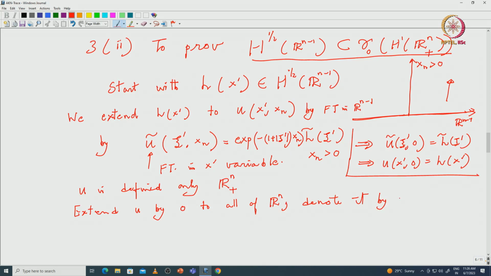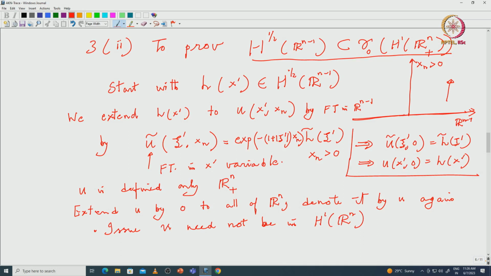The issue is that u need not be in H^1 of R^n, because we do not know the boundary values of u.